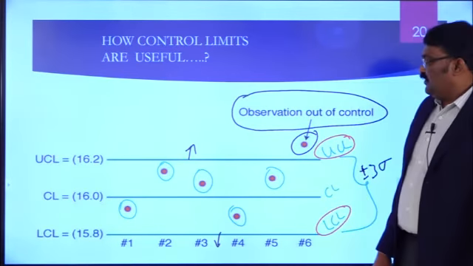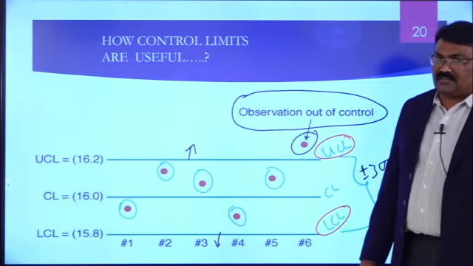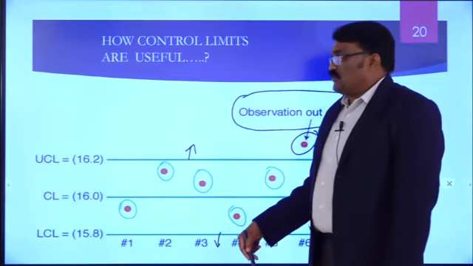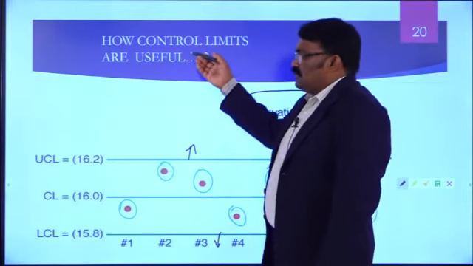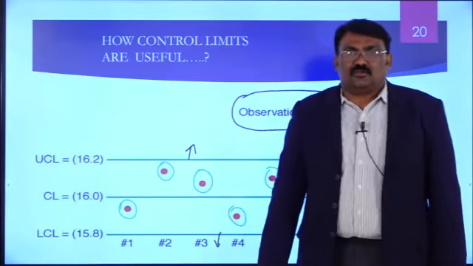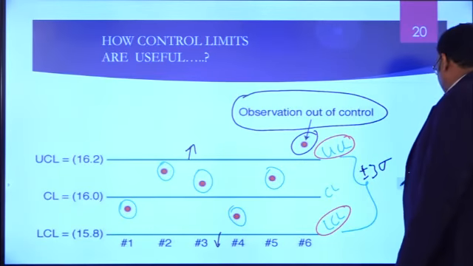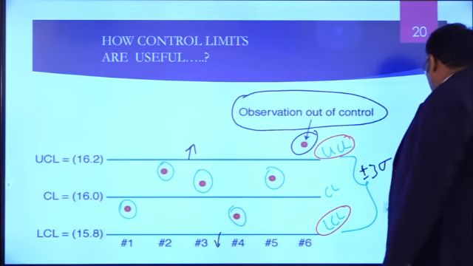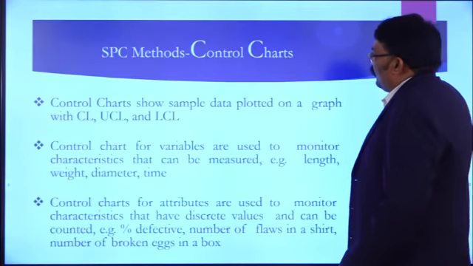That is what we observe. This observation is useful through the process of control limits.